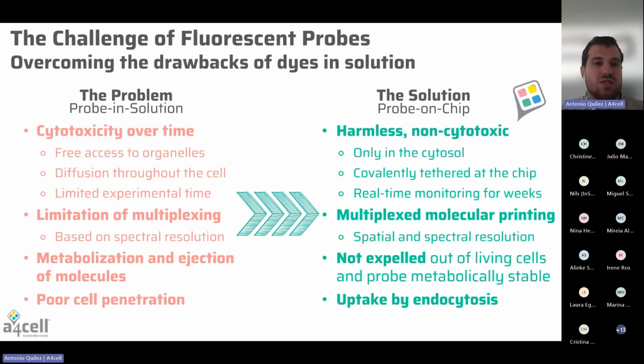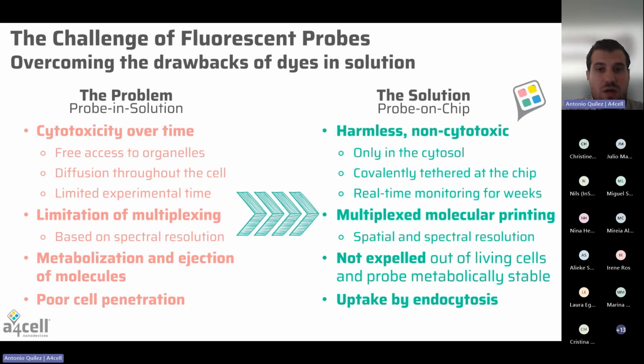So normally this kind of dyes become toxic after 24 hours in contact with our cells. And also they have problems to penetrate inside the cells. Cells also degrade these fluorophores, etc. They have limitations in multiplexing, and they can even get ejected from the cells, and we can lose the signal.